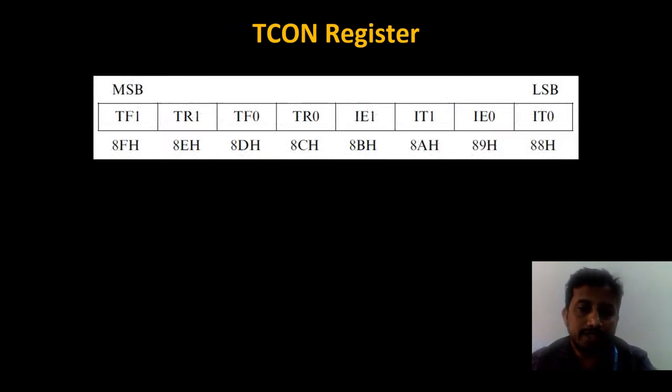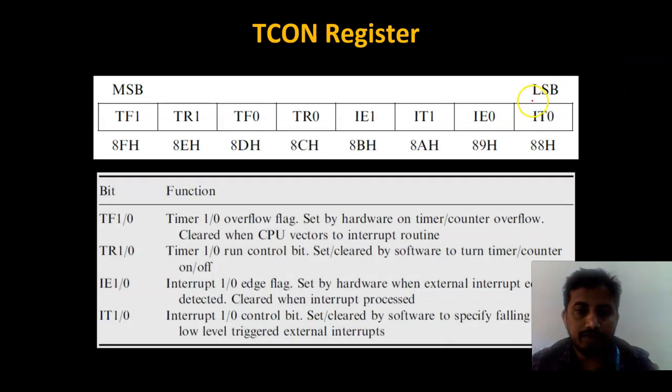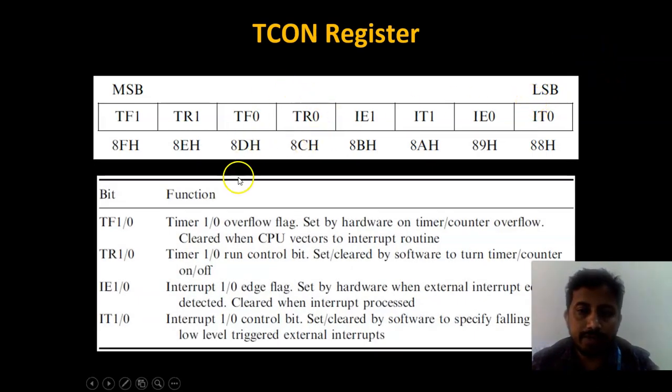So here, this is the timer control register. Previously it was the timer mode register. Now it is the timer control register. In this timer control register, you have a total of 8 bits. Out of these 8 bits, you can see the bits of the timer: TF1, TR1, IE1, IT1, and similarly for 0. All the bits with zeros belong to timer 0.